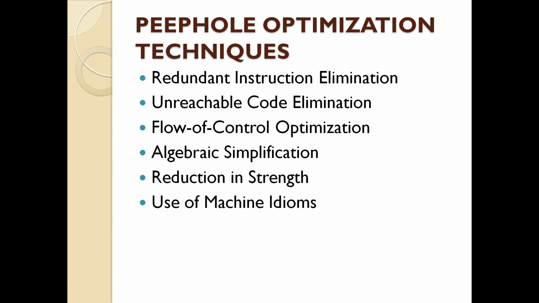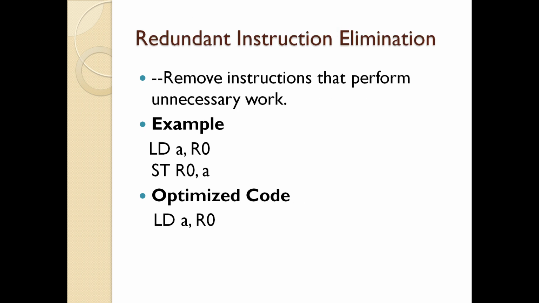Now let us imagine that the compiler becomes a strict auditor. Its job is simple. Whenever it finds unnecessary work, it immediately removes it. The first place where it starts checking is redundant instructions. Let us start with the first optimization technique, redundant instruction elimination.